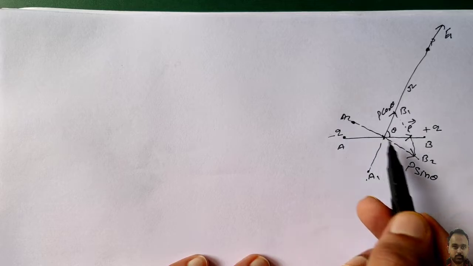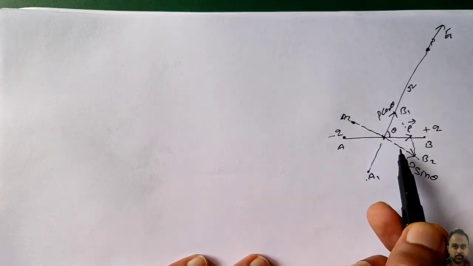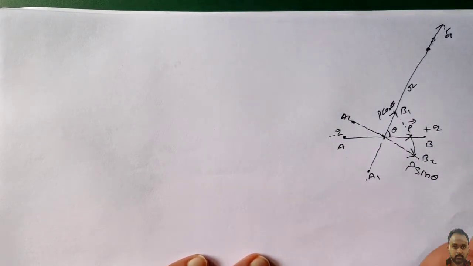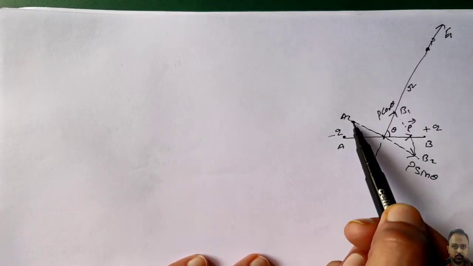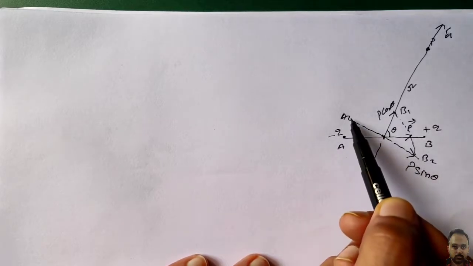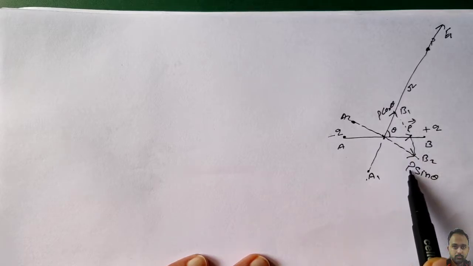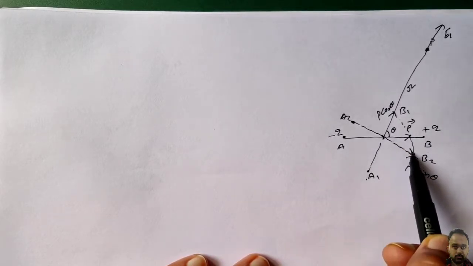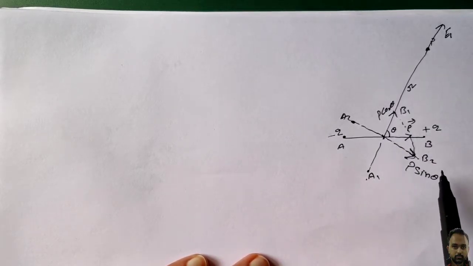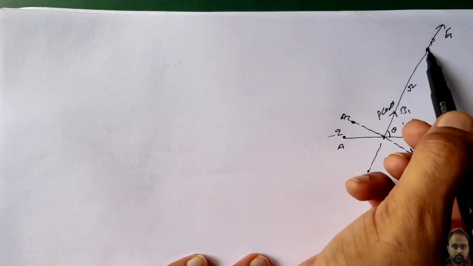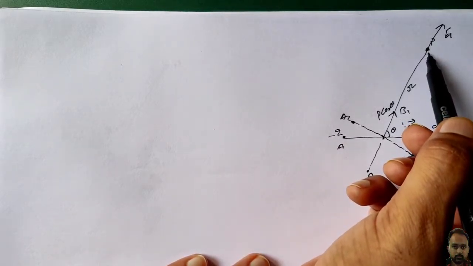But in case of the equatorial line, for this A2B2, electric dipole moment and electric field are in opposite directions, because this is A2 negative q, this is the positive q. So the electric dipole moment will be along this direction, as P sin theta in this direction, but electric field due to this dipole at this point will be in the opposite direction.